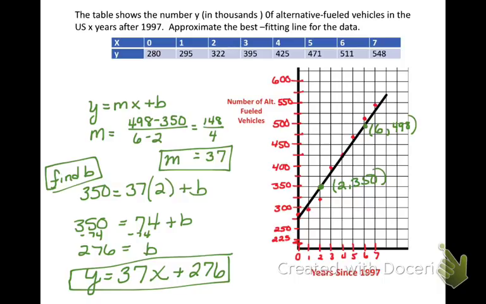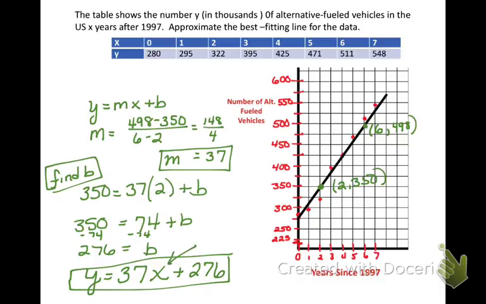But the final question here is use this to predict in the year 2010 how many alternative fueled vehicles will be on the roads. So all you're going to do is plug in, don't plug in 2010 for X, but how many years would that be since 1997? So if you do 2010 minus 1997, that would be 13 years.